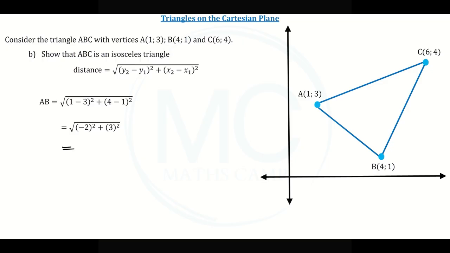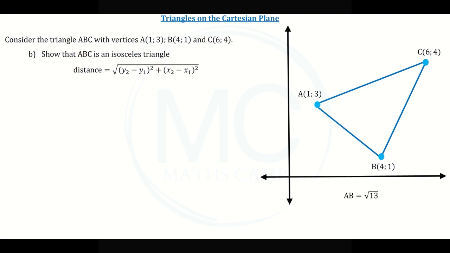Negative 2 squared is 4, plus 3 squared, which is 9. Put this under a square root. 4 plus 9 gives us a value of 13 under a square root. Now we can leave our answer in surd form for now. So let's tidy this up and make note of the length of AB over here.